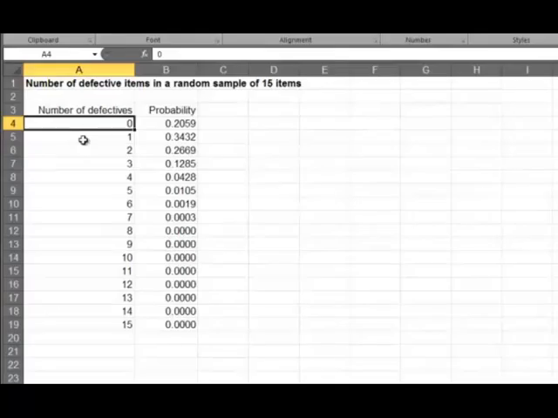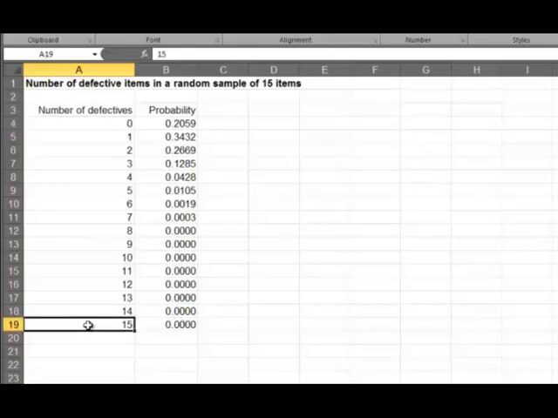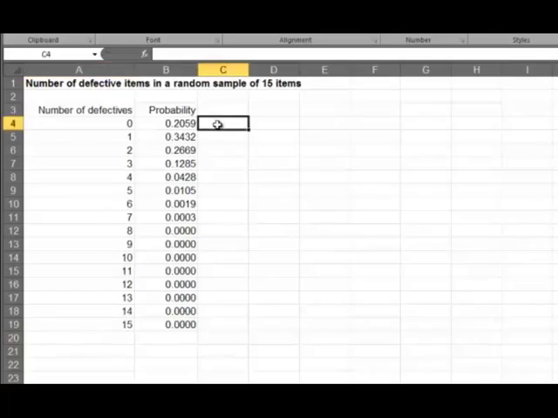Or I could get 1 out of 15 or 2 out of 15 that are defective, all the way up to 15 out of 15 parts that are defective. So these are the only possible values. Clearly, it's a discrete variable. My lowest possible value is 0. My largest is 15.